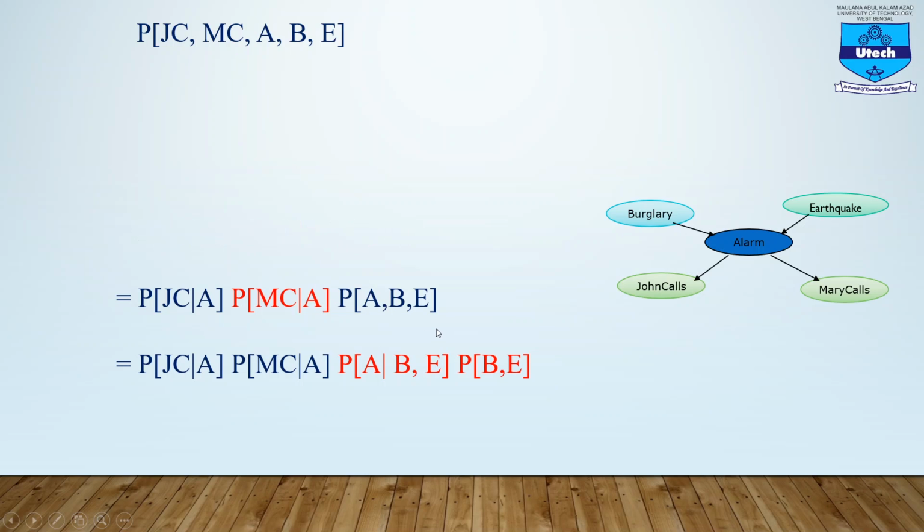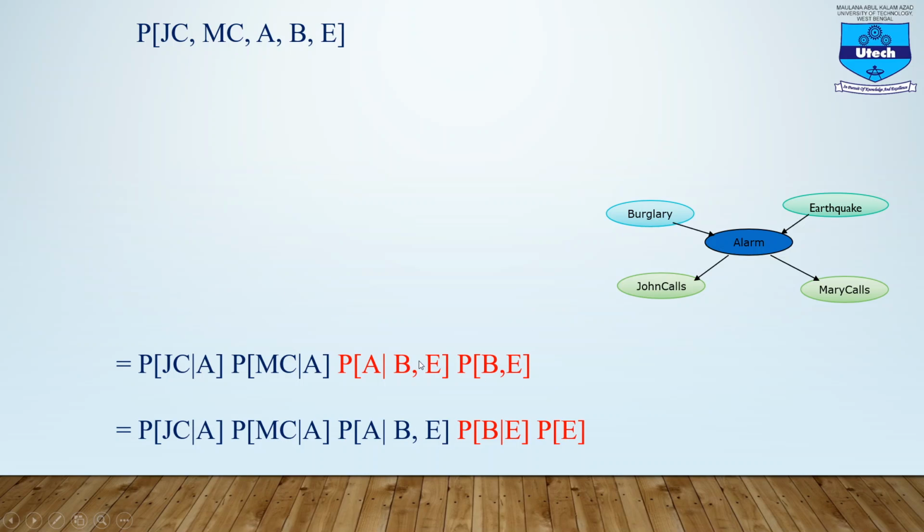Now this part we are again expanding. It will be the probability of alarm with the prior occurrence of burglary and earthquake, and then the probability of burglary and earthquake. This part is the same. Now we are again expanding the probability of burglary and earthquake as the probability of burglary with the prior occurrence of earthquake, multiplied by the probability of earthquake.